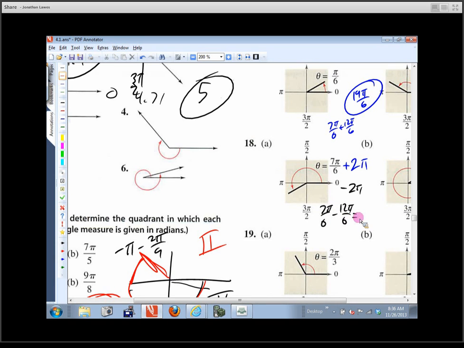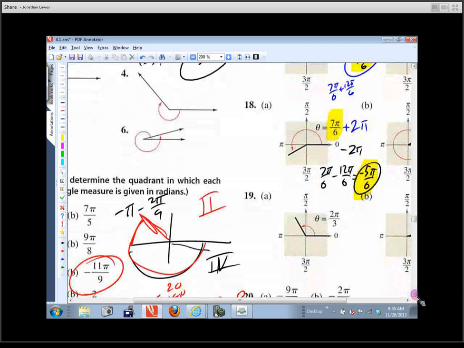And what do we end up with? Negative 5 pi 6. So again, coterminal, coterminal, coterminal. Okay, all 3 of those end in exactly the same place, but they've got different measurements. Okay? All right, skip ahead to number 23.